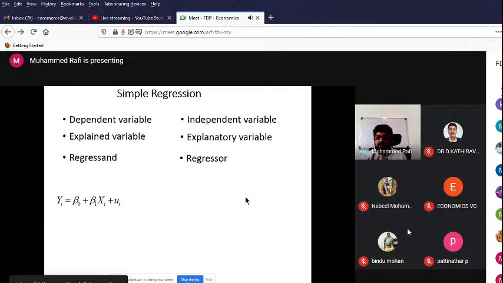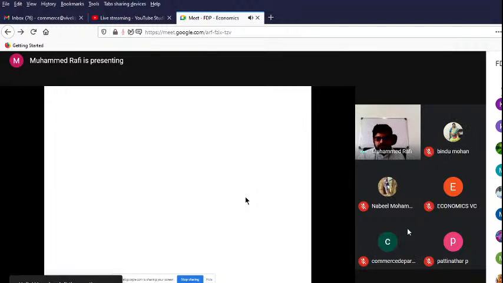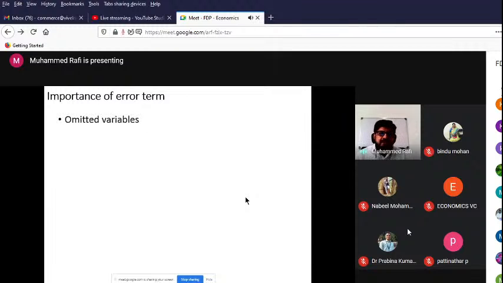Now, in that, there will be different variables which also lead to changes in your consumption. Your wealth might be one variable which can explain the variation in your consumption, or there will be other variables. We include the error term because of different reasons.